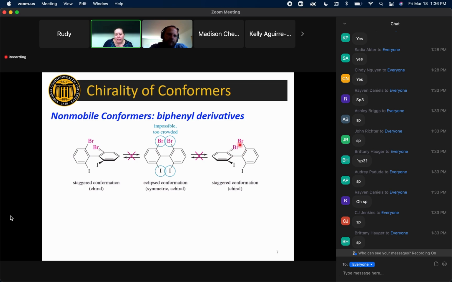So normally, if all of these groups that are halogens here were just hydrogen atoms, that sigma bond could have rotation around it. And so you would have that free rotation, and this would not be a chiral molecule.